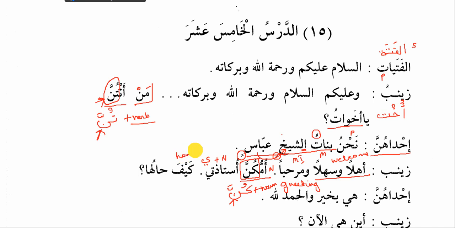How is she? Hal means how is her situation, you can say, but in literal translation it's better to say how is she. And this is a noun plus damir ha, meaning how is she.